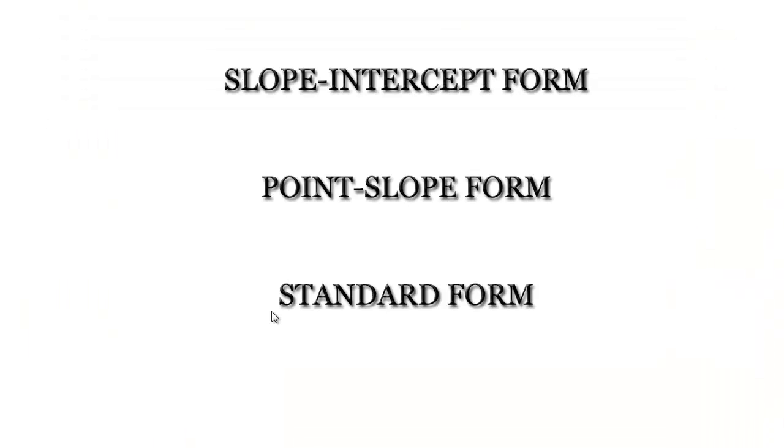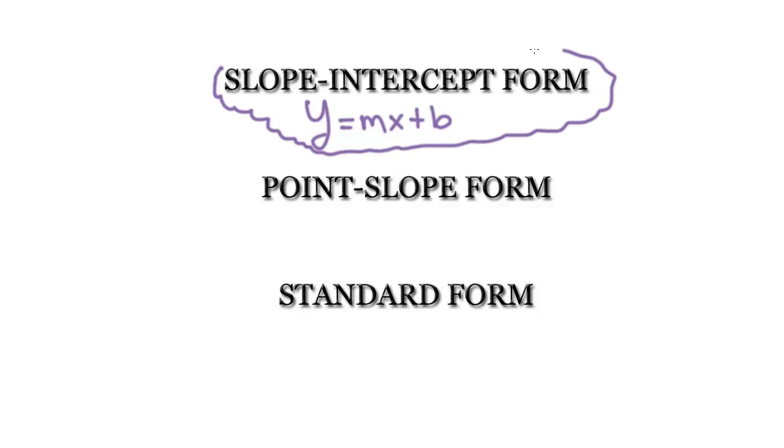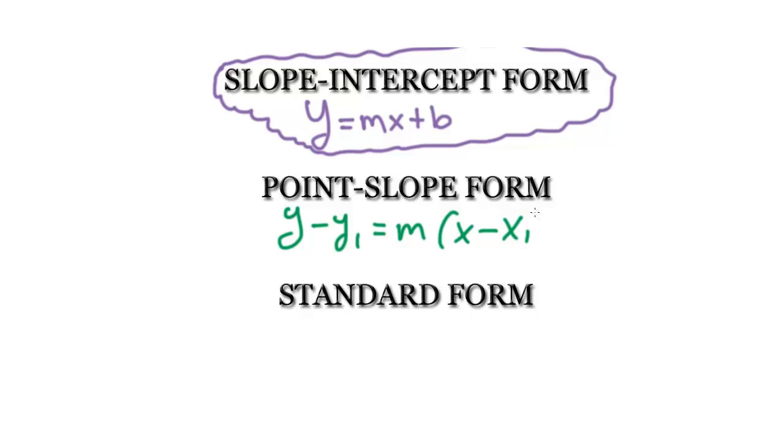Okay folks, let's put it all together. We started off with the slope-intercept form, so let's write down what that is. y equals mx plus b, right? So that's the slope-intercept form. Okay, and then we have the point-slope form, which was y minus y1 equals m(x minus x1).